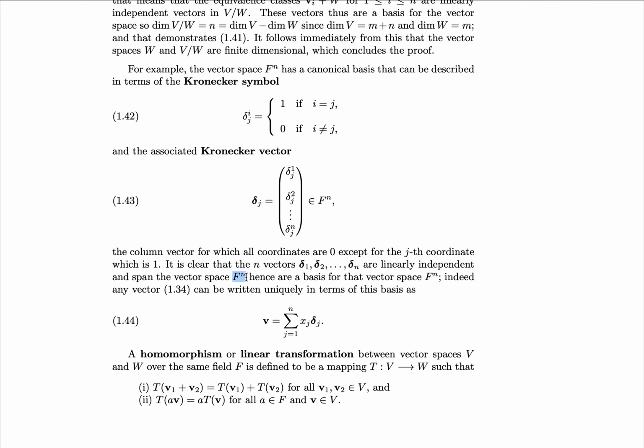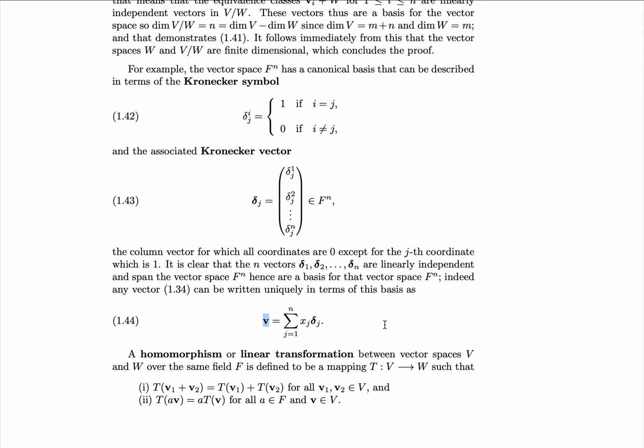But these are more useful by noting that this is a very natural way of writing any vector, because you can use this basis to write any vector v as the sum from 1 to n of x_j delta_j, where these are simply the sum of vectors where the jth entry of v is the jth entry in this sum, and whose value at the jth position is exactly the same as this one.